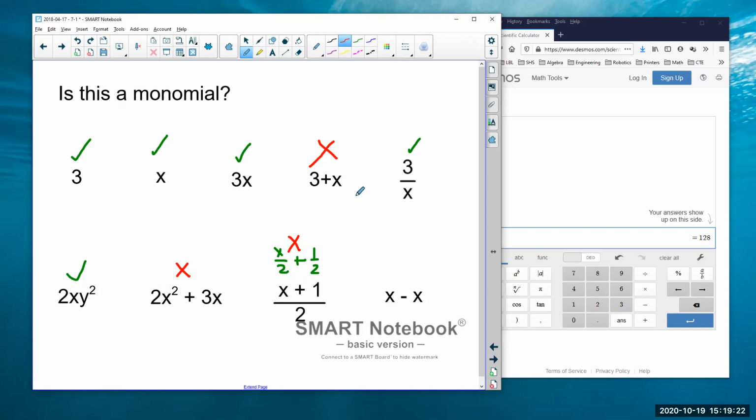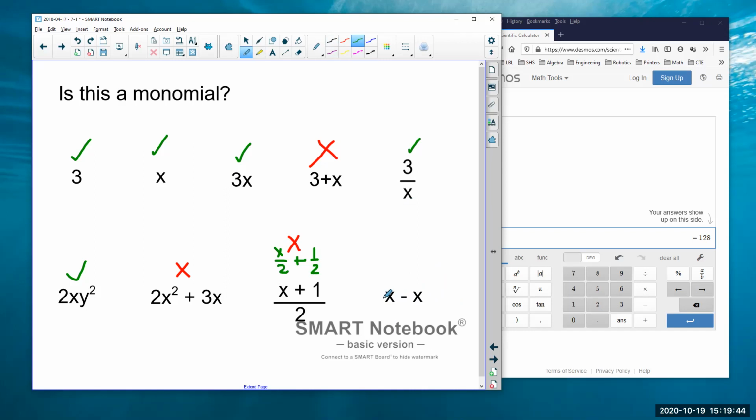It is a binomial. And then the last one is a little bit of a trick question. The reason it's a trick question is because this last expression here is not in simplified form. Okay, the way that it's written right here, it's actually a binomial, x minus x. But generally, we wouldn't leave it like that.